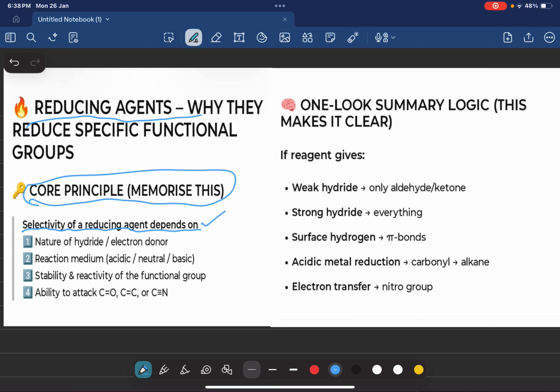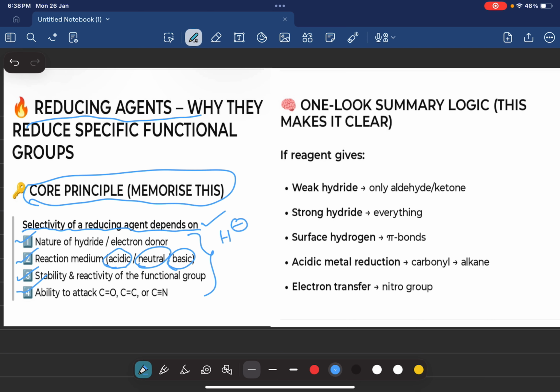This depends on these factors. Every reducing agent won't function with one specific factor, so you are supposed to know these four properties. Some will produce H minus ion and reduce the functional groups. Some need a specific acidic or basic medium so that they can reduce functional groups.